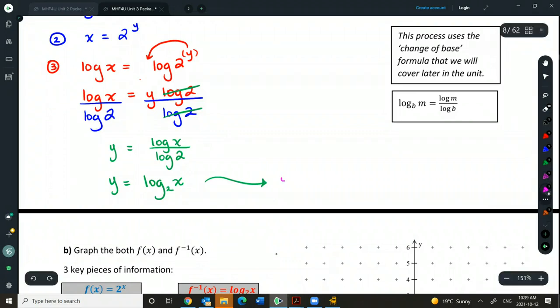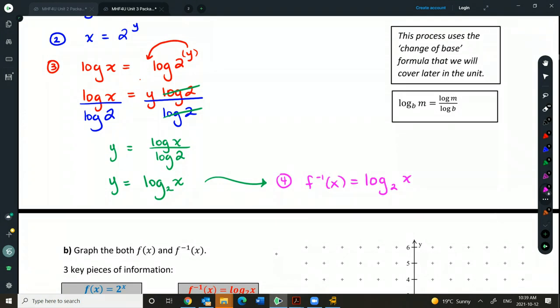And then the last step, step number 4, says replace y with inverse notation. So f inverse of x is equal to log base 2 of x. That's how we would say that. The value down here becomes a little subscript, and the value up here goes here.